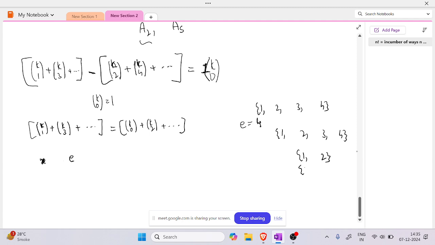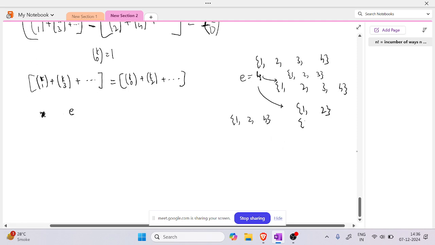So for example, if we had {1,2} initially, then after we are done with it, it would become {1,2,4}. And if we had {1,2,3,4} initially, then it would become {1,2,3}.